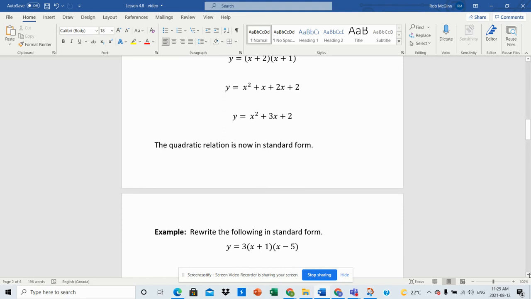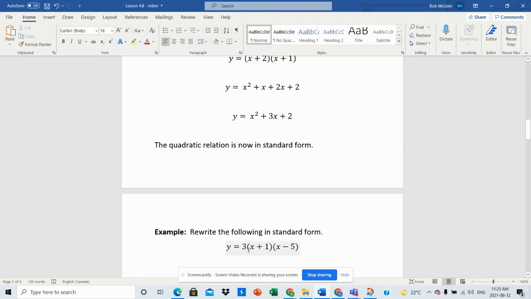So this example, rewrite the following in standard form: y equals 3 times x plus 1 times x minus 5. So the only real difference here is that our a value isn't 1. We've got an a value of 3. But we still follow the same process. You have two options.